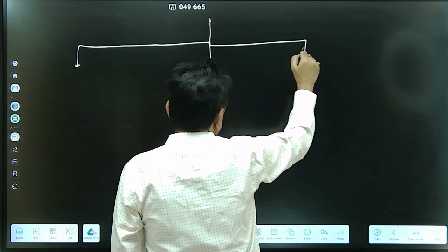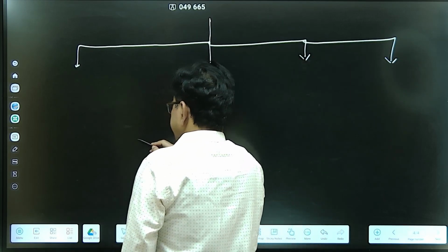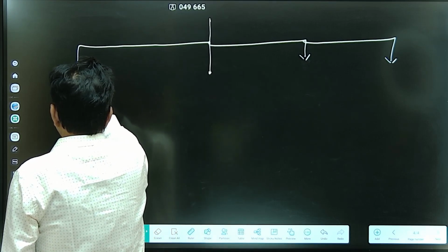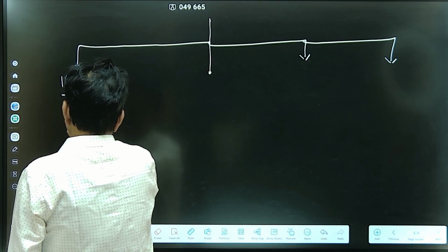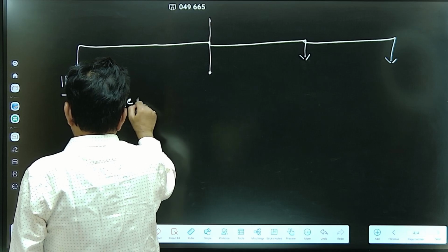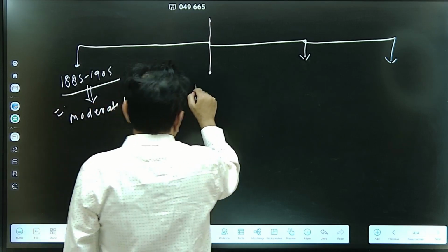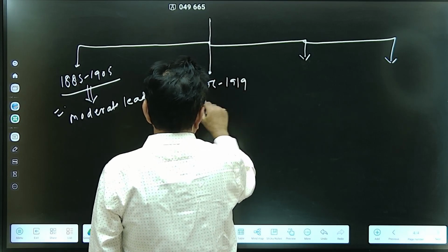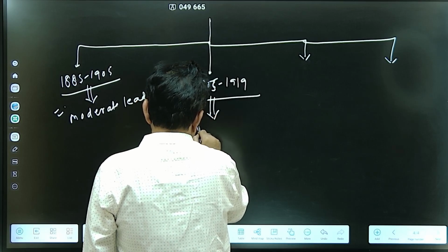The Indian War of Independence is divided into four important phases. The first, the early age, 1885 to 1905. This was the time period of the moderate leaders. From 1905 to 1919, this is the phase of the extremist era.